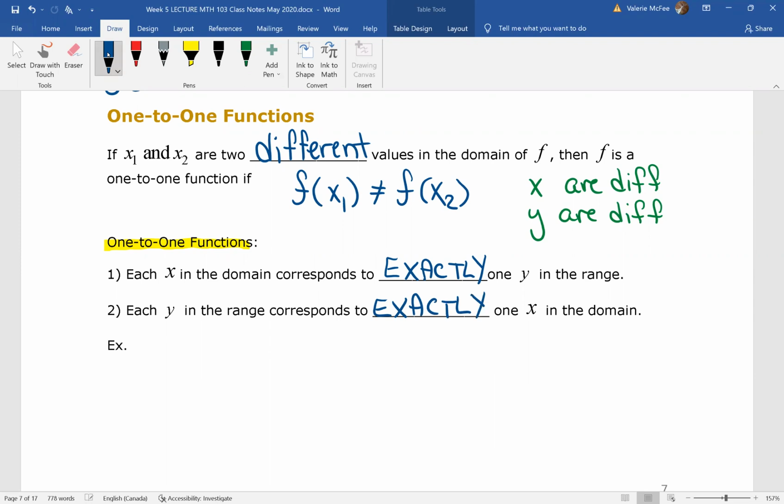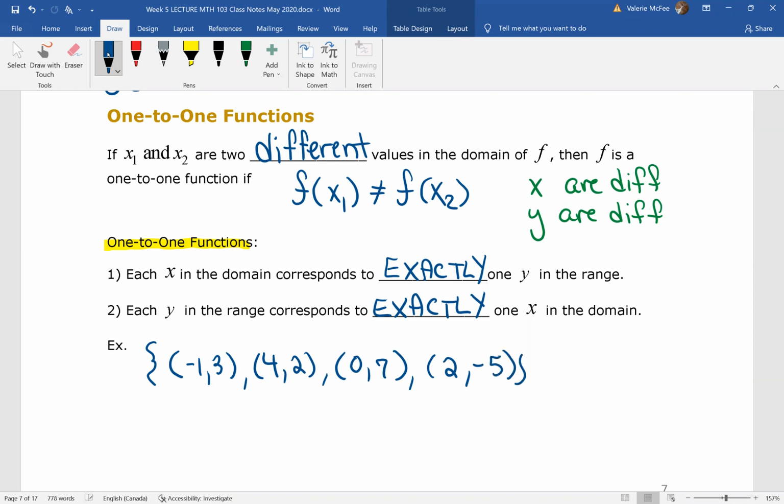So an example of a one-to-one function then: (-1, 3), (4, 2), (0, 7), (2, -5). So notice that this means that x does not repeat and y does not repeat.